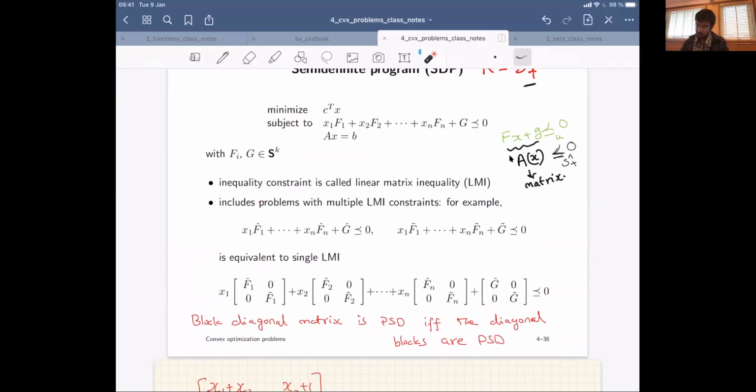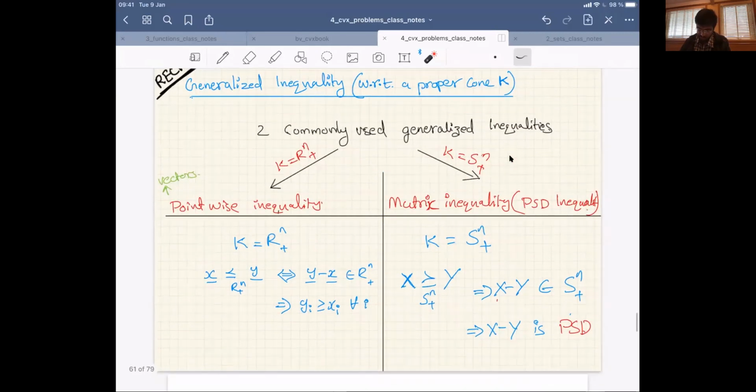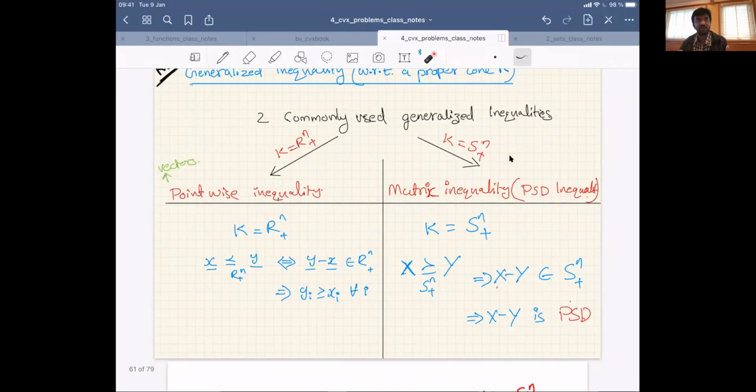So the two very famous inequalities we often use are R plus and S plus.